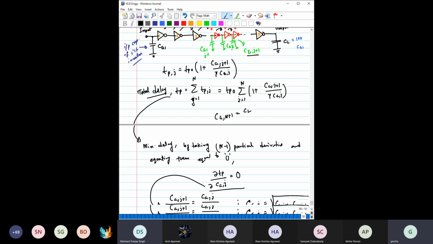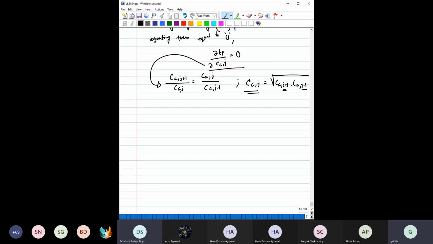So if I write it like this, F is equal to the overall fan out, which is nothing but CL by the first stage CG1. What is this F, the overall fan out?